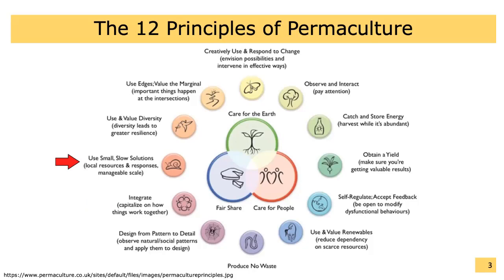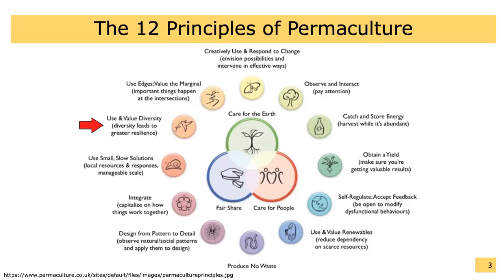Use small, slow solutions. This principle reinforces the underlying objective of a permaculture farm, which is to move away from intensive industrial agriculture practices that are proven to be damaging to the environment and are unsustainable. We should recognize that sustainable farming requires time. Most processes are inherently slow because they need to be sustainable. However, they become more efficient with time as the permaculture farm starts to establish itself in the ecosystem.